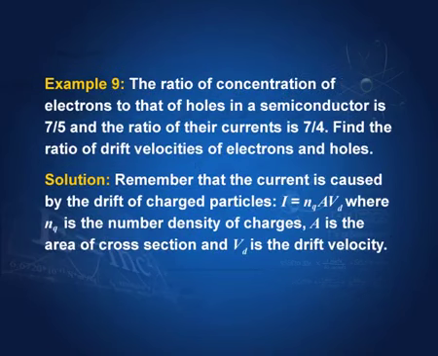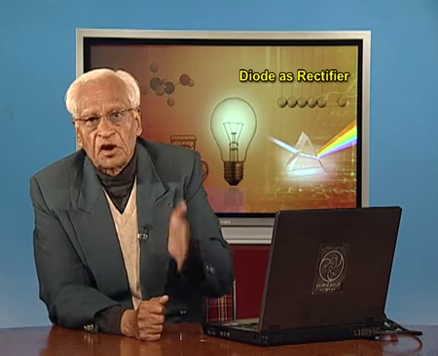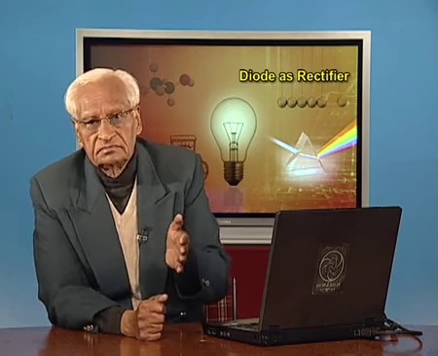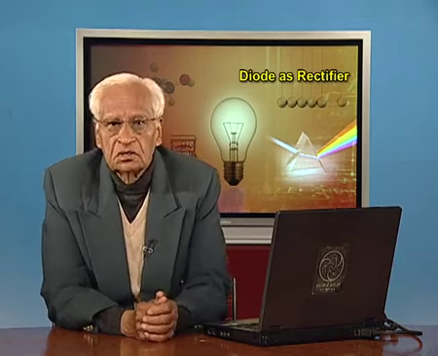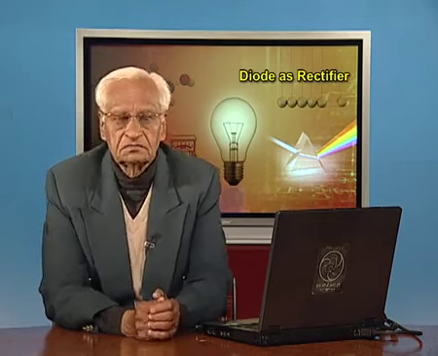Another example: the ratio of concentration of electrons to that of holes in a semiconductor is 7/5, and the ratio of their currents is 7/4. Let me remind you that although majority carriers in N type semiconductor are electrons, holes do contribute to some amount of current.